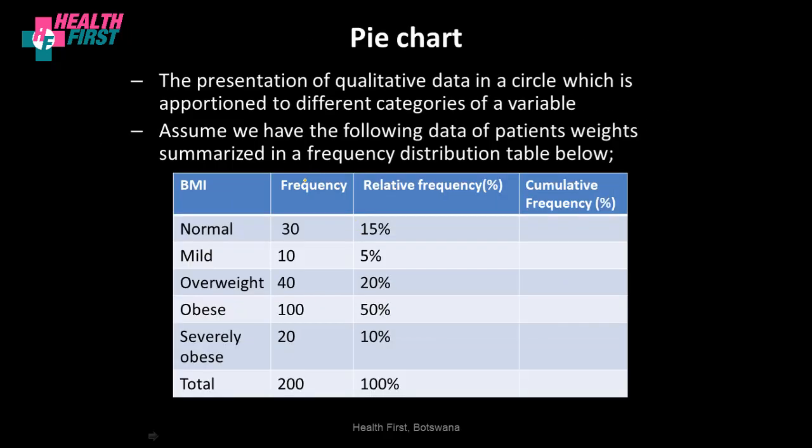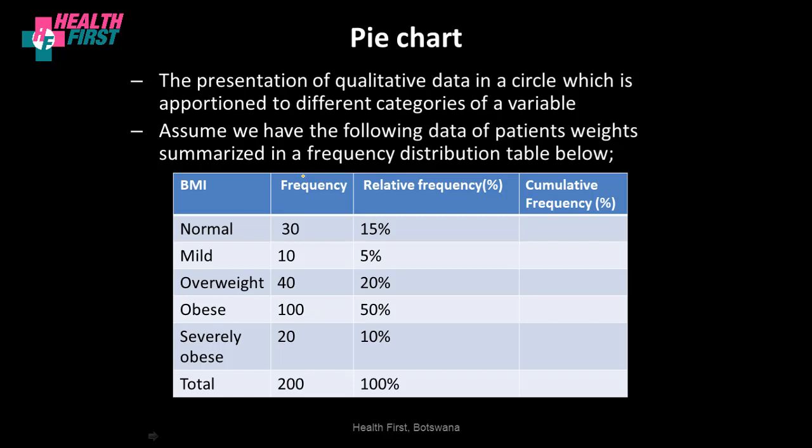Once you are familiar with a frequency distribution table, then it becomes quite easy to construct a pie chart and a bar graph, because you are going to use the same information that you'd get from a frequency distribution to display that information now as a chart in the form of a pie chart or a bar graph.